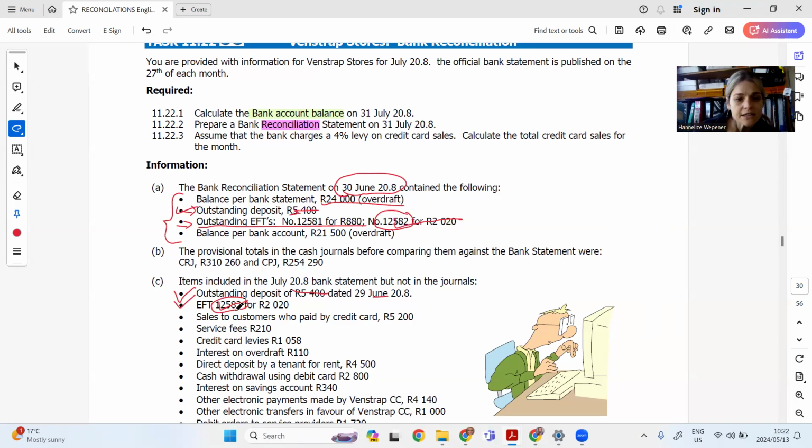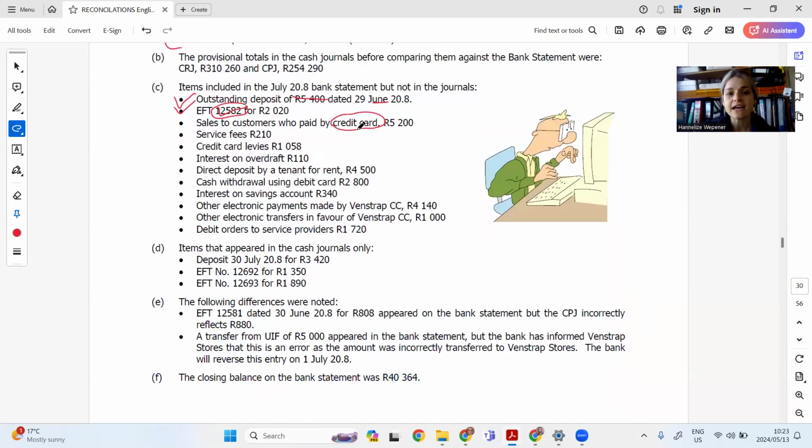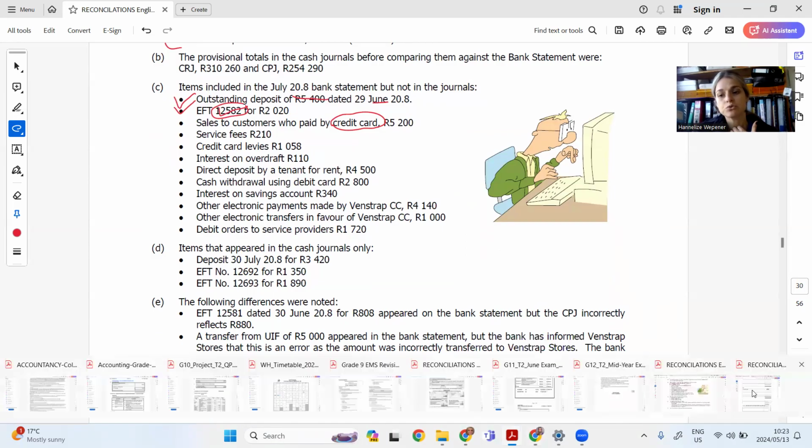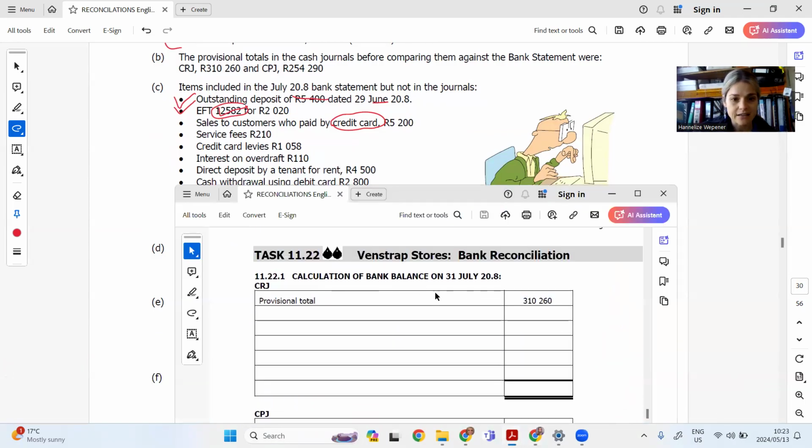Okay, now sales to customers who paid by credit card. So this is now on my bank statement, but not in my journals, which means that I have to go and record this transaction because remember, if customers pay via credit card, the money is paid directly into our bank account. So we get the money. So we now have to go and record that sale in the CRJ. Remember, if they decide to purchase on credit, that's on them.